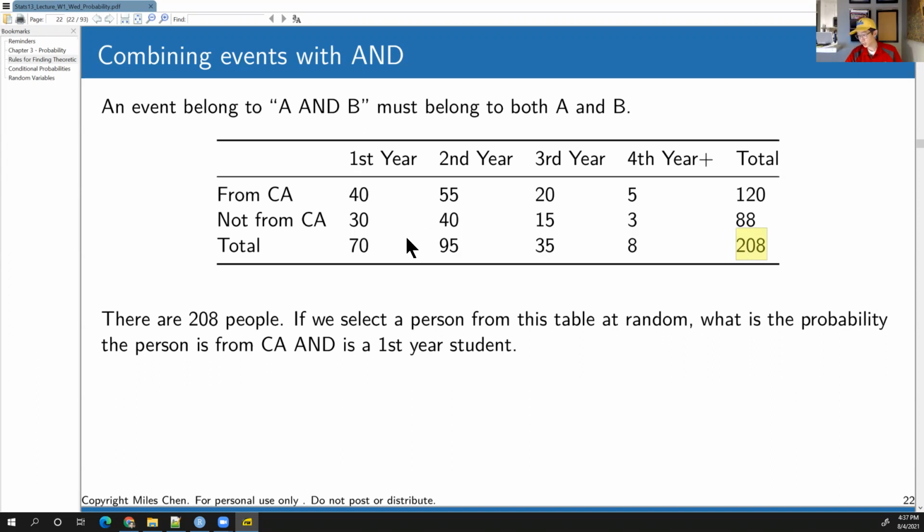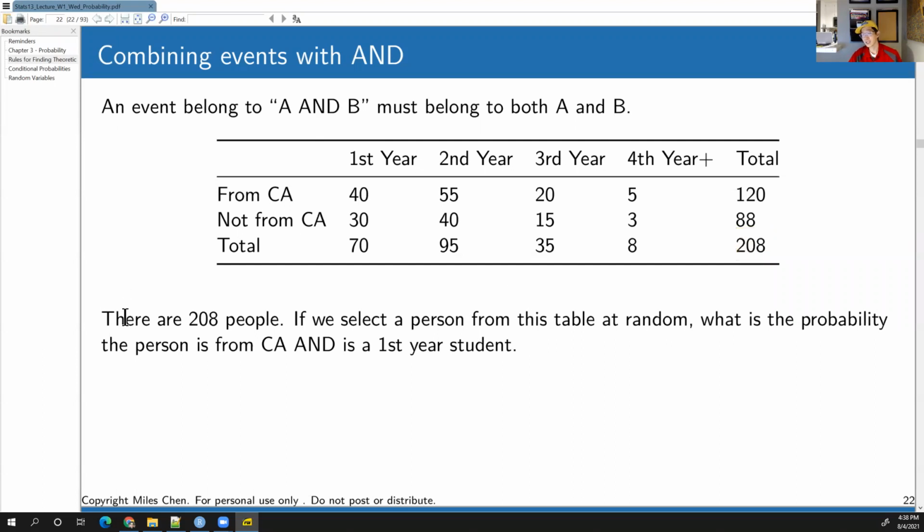We're going to select a person at random from the table. Okay. And we're going to assume that all 208 people in our table have an equal probability of being selected. And we're going to ask, what is the probability that the random person we select is from California and a first-year student? Okay.